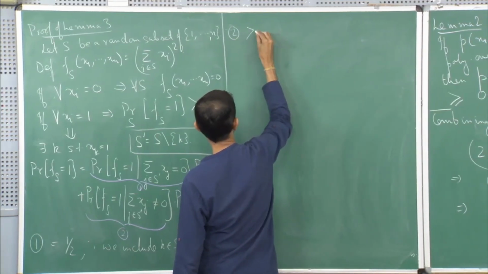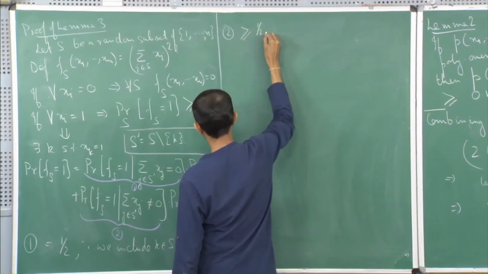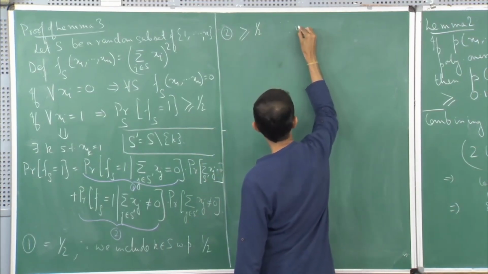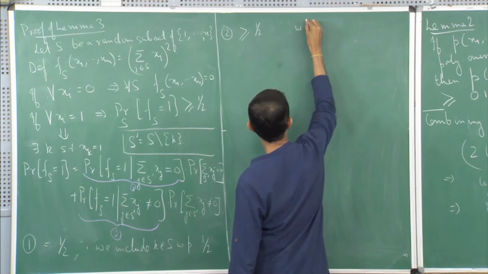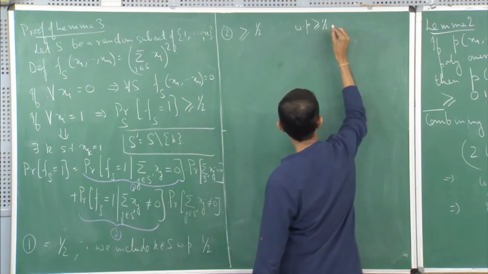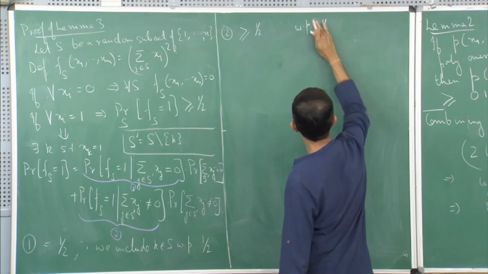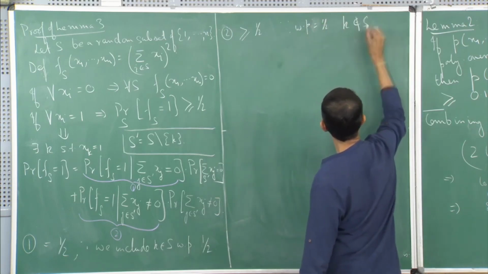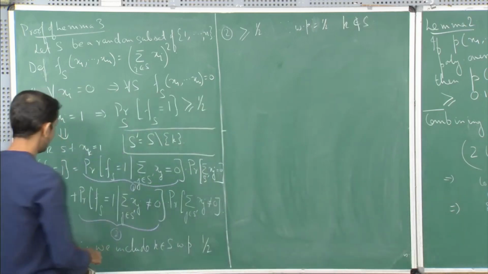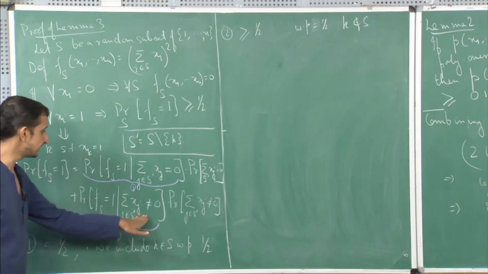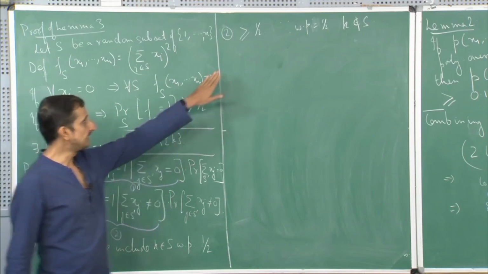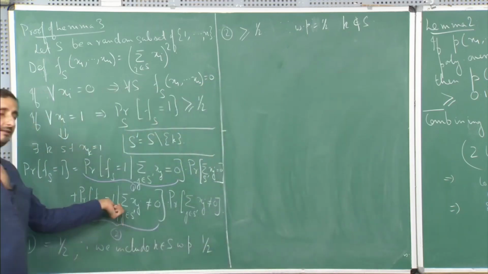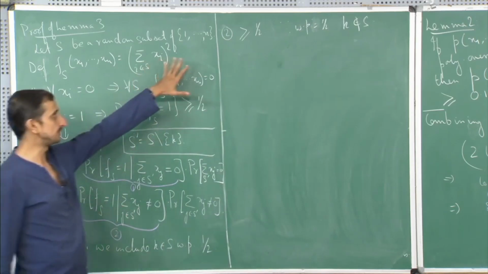So, here 2 is actually greater than or equal to half, because again, with probability equal to half, k does not belong in S. Note that if sigma x_j is non-zero, and k does not belong to S, then this will remain 1 as well, and that happens with probability half.